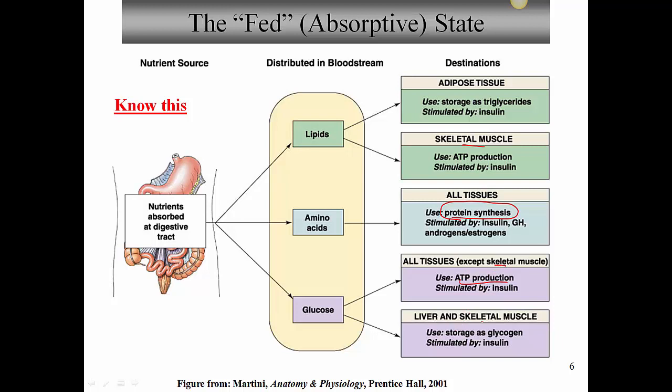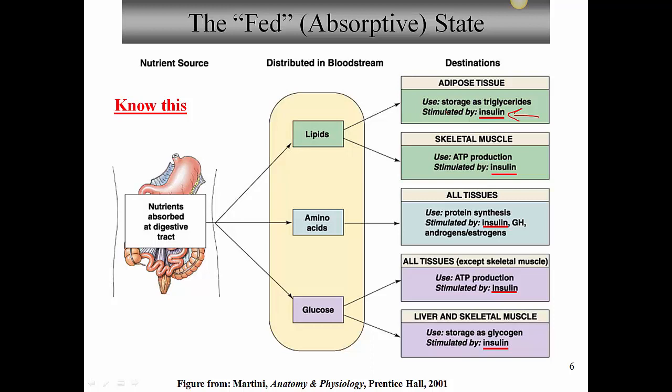And then in the liver and skeletal muscle, if we have more glucose than we need at the current moment, we can store this as glycogen, as we talked about before in the process of glycogenesis. Now, there's one hormone that predominates during the fed or absorptive state, and this is the hormone insulin. Insulin is really a storage hormone.